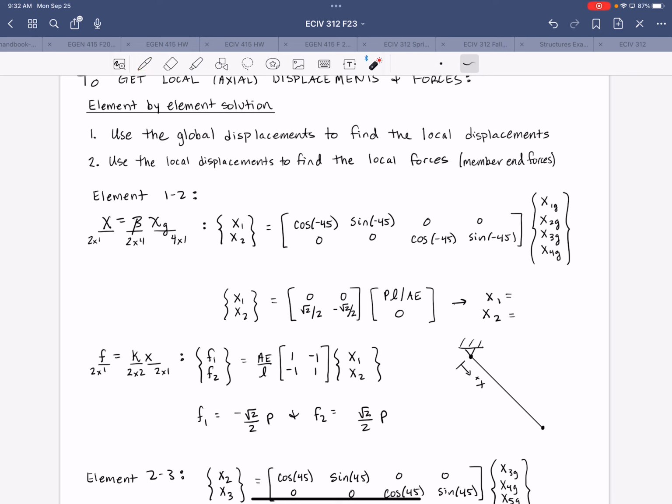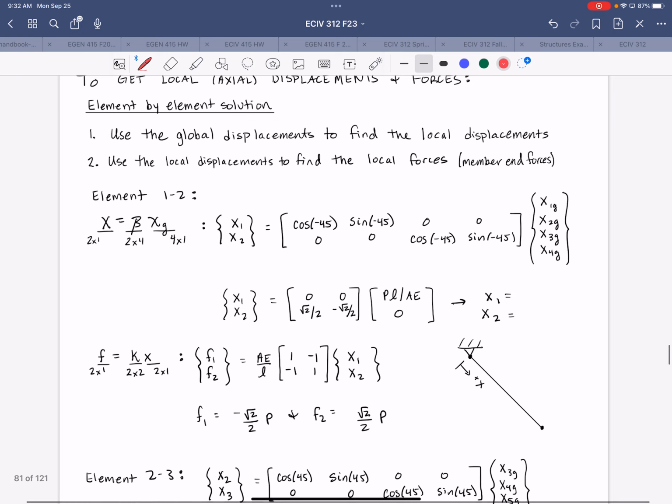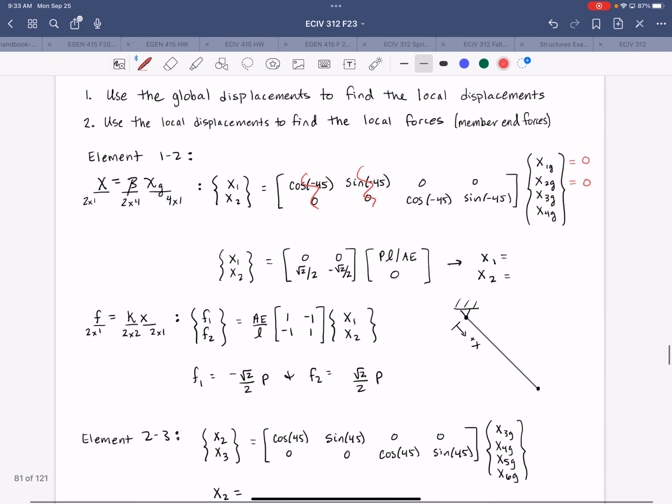So we have the transformation matrix for element 1-2 written out, and this is where that sign of the theta is important, right? So this is where that can really make a difference in your results. Again, it may or may not affect your global results, but it'll definitely affect your local results. Applying, right, x1 and x2 are equal to 0, so that means we can ignore the first two columns in that equation.